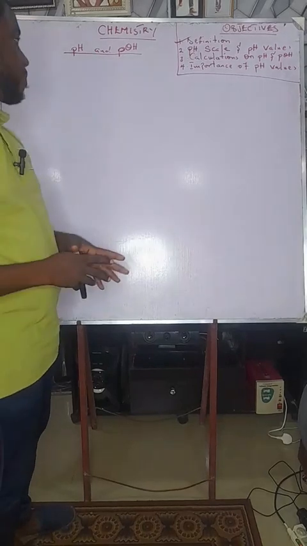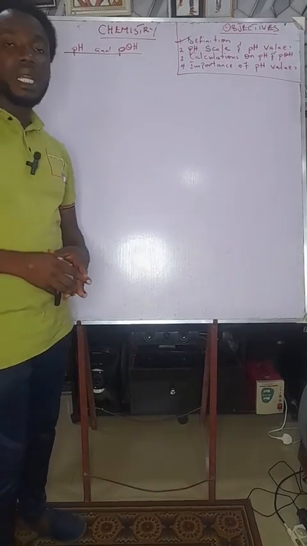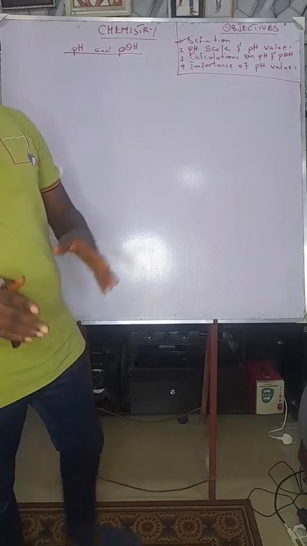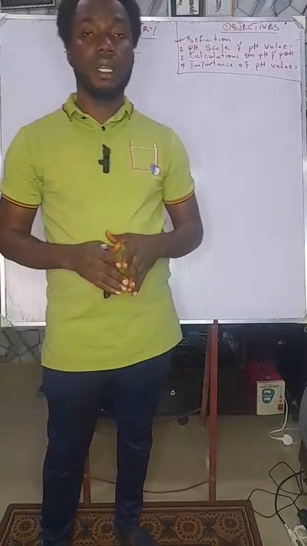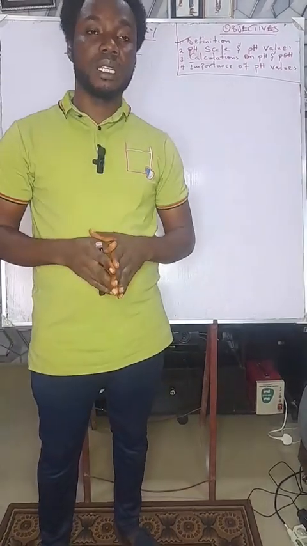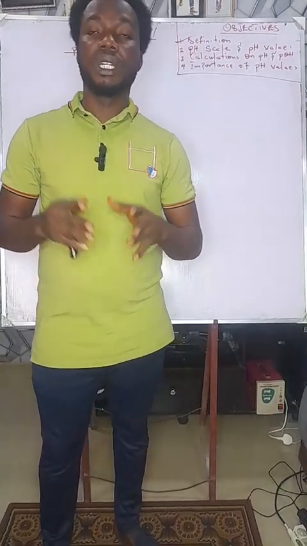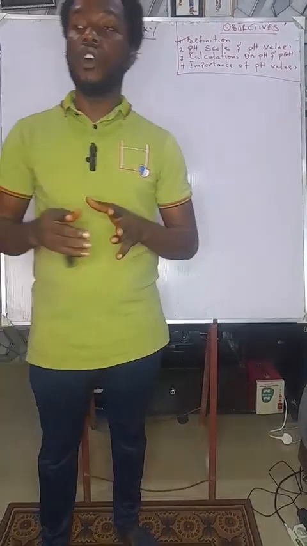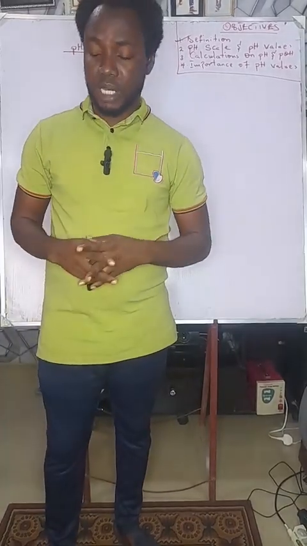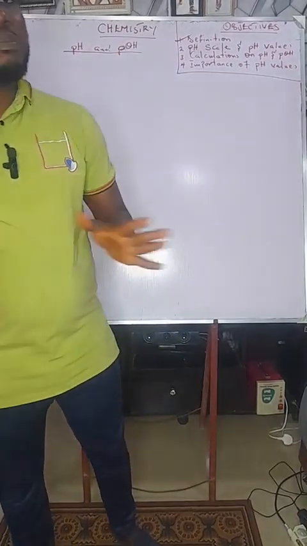What is a pH? A pH is the measure of the degree of acidity or alkalinity of a substance. It is the measure of the degree of acidity or alkalinity of a substance. So that is pH, as simple as that.